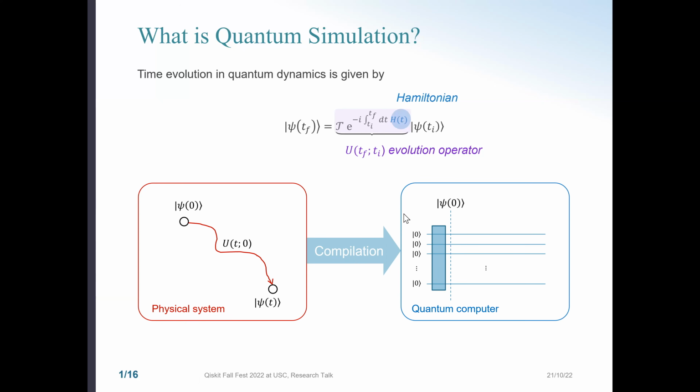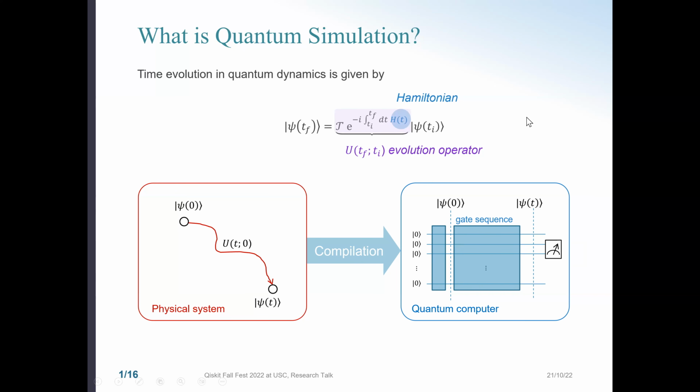Then this unitary evolution can be compiled into a gate sequence on the quantum computer. This part operates as a unitary evolution, and in the end, you get the final state. With the final state, one can do a measurement, and this would allow us to extract some physical quantities and observables. So this is the idea of quantum simulation.